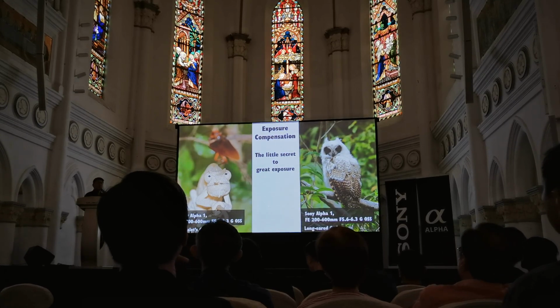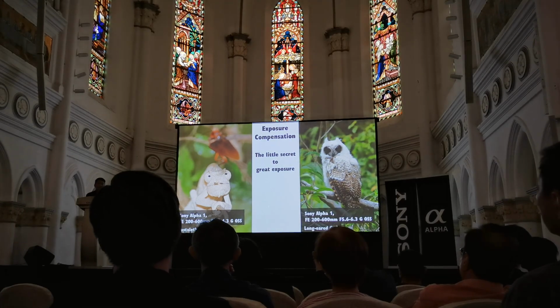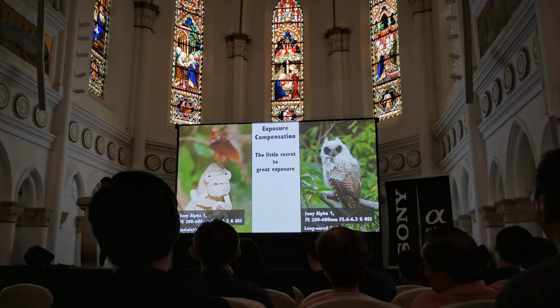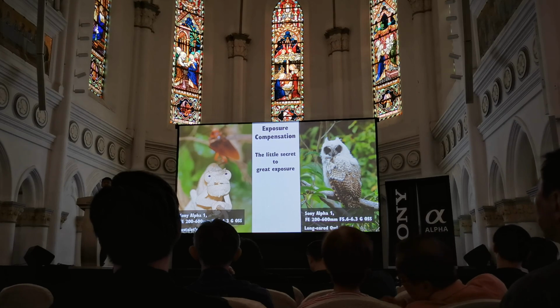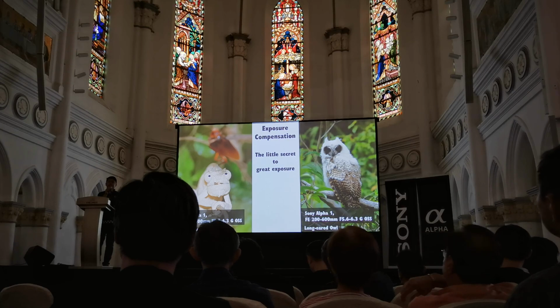Now, when you're shooting something like a bird or a chameleon that is white in color, you tend to overexpose it, okay? That's where you need to bring down your exposure to minus, at least -1, okay? So that you can see details in the feathers.